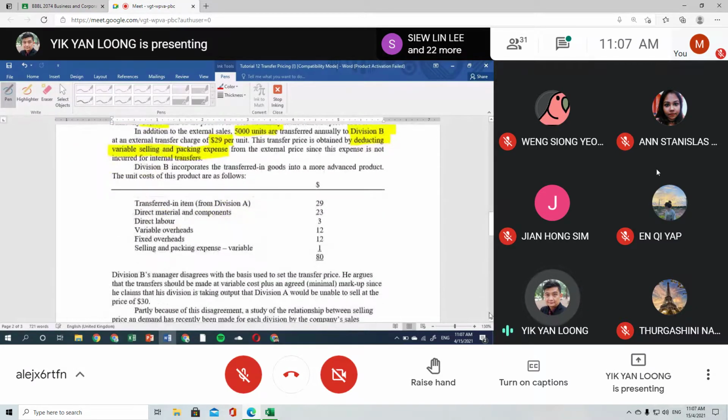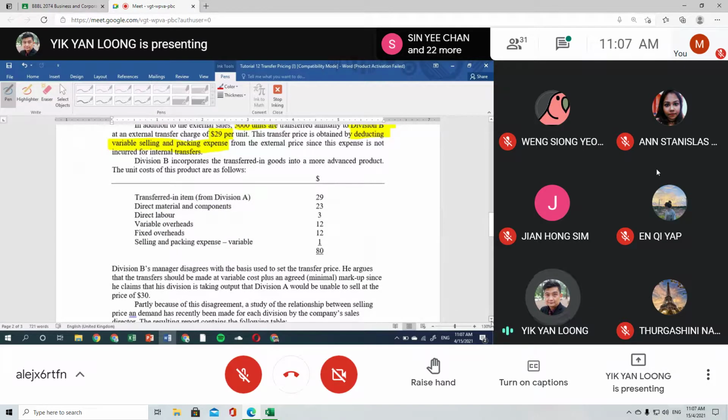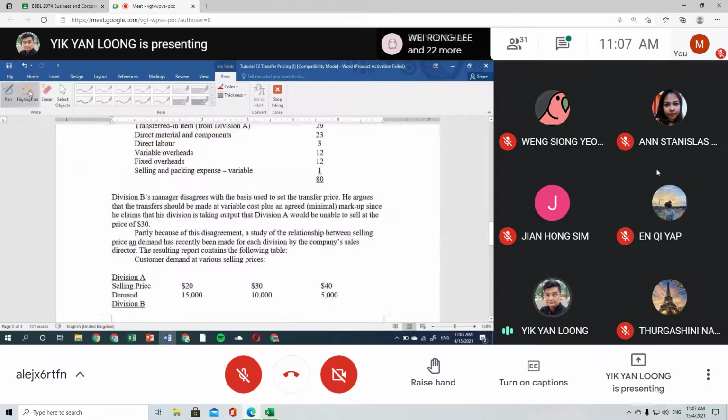Now, it's mentioned here about division B. The manager of division B disagrees with the basis used. This sentence is very important. He argues that the transfer should be made at variable cost plus an agreed minimum markup, since he claims that his division is taking output from division A that would be unable to sell at a price of 30. What is the significance of this?